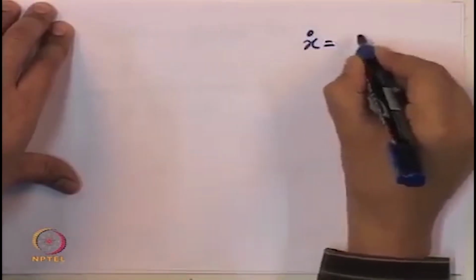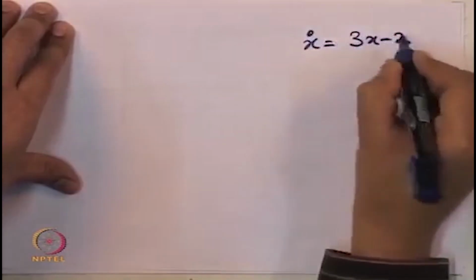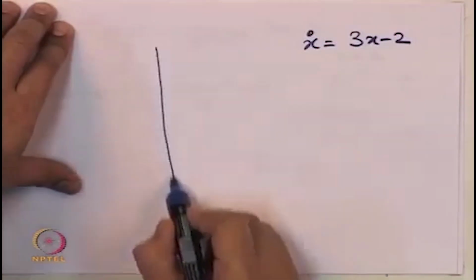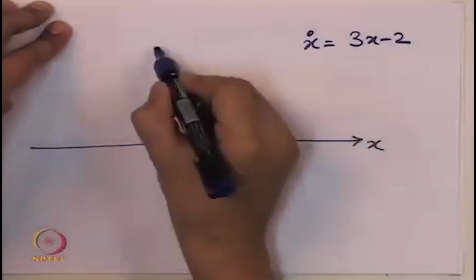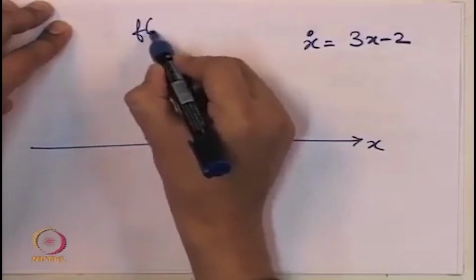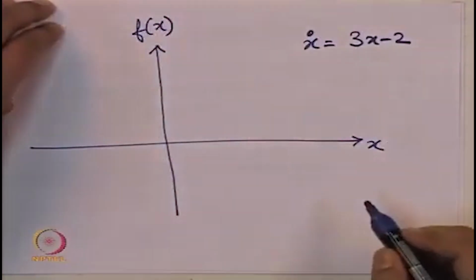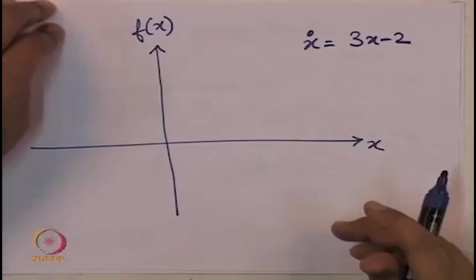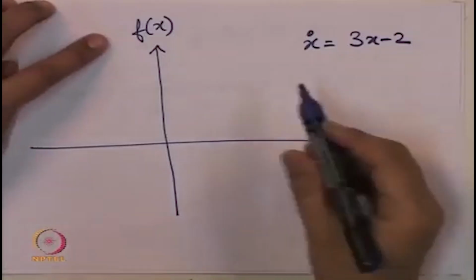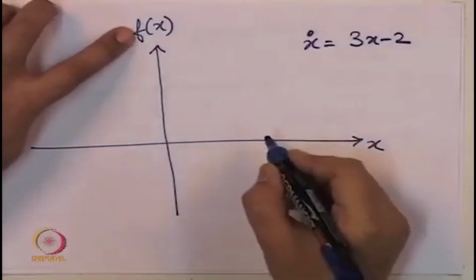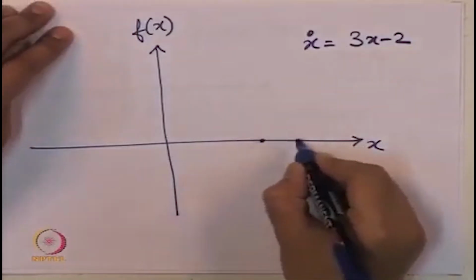We are considering the differential equation x dot is equal to 3x minus 2, and we are going to plot f versus x. Even though x itself was a function of time, and we will also later plot x as a function of time, but for now we are interested in drawing the vector field.